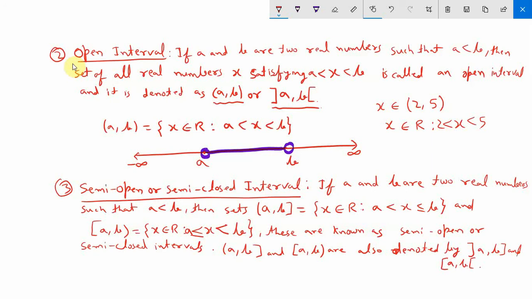So on number line, if we have to represent these two sets, first one A, B, second one also it is between A, B, and this will be infinity to minus infinity.